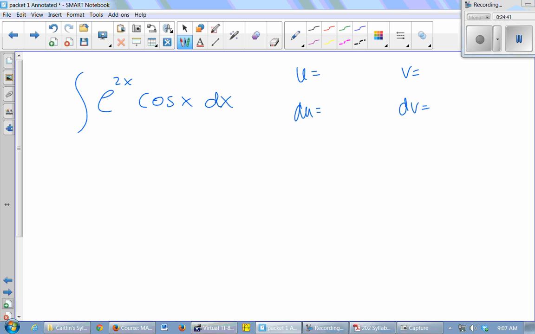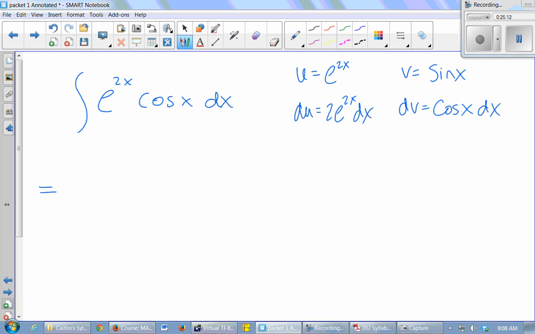Doesn't seem like it's going to matter which one we choose. I might put cosine x here, which means that v would be sine x. And then e to the 2x would be here, and du would be 2e to the 2x dx. Yeah, it's exactly like we did. Well, it's a different integral, so we're doing the same approach.